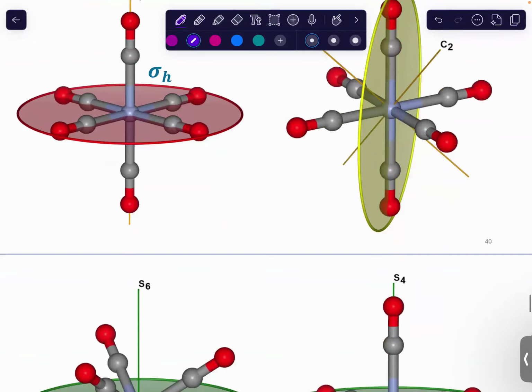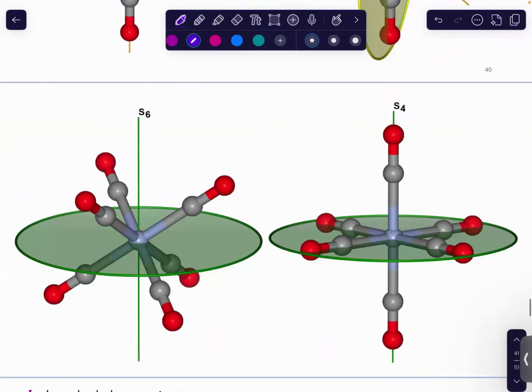And then you have 2 improper rotations. The S6 is a little harder to see. Again, you see those 3 that are up, you see how each one of those goes in between the bonds with the 3 on the bottom. So I'm going to have to rotate through a C6 and then reflect.